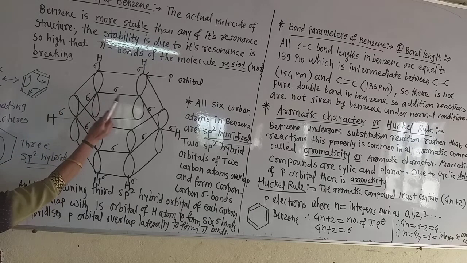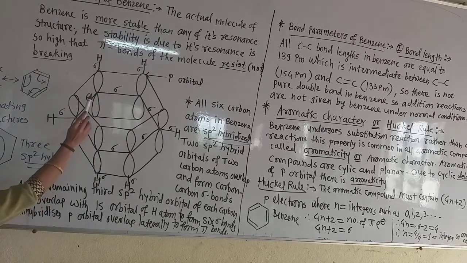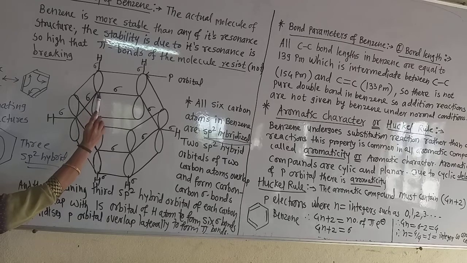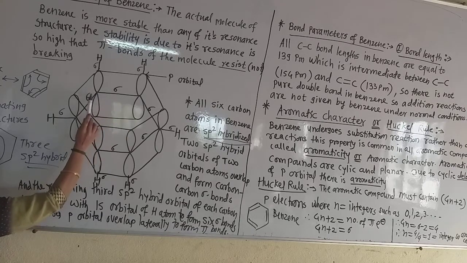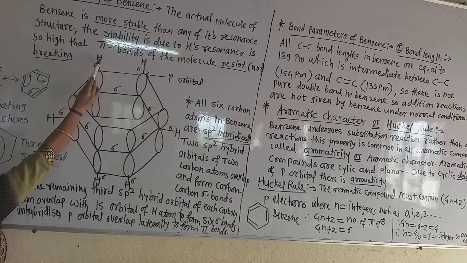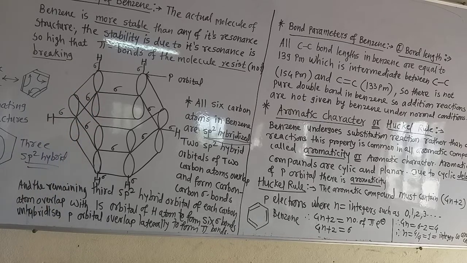Each carbon has 2 sp2 hybrid orbitals, one overlapping with one neighboring carbon and one with the other, and they form 2 sigma bonds. The remaining third sp2 orbital of each carbon atom overlaps with the 1s orbital of a hydrogen atom, and there is also formation of a sigma bond.